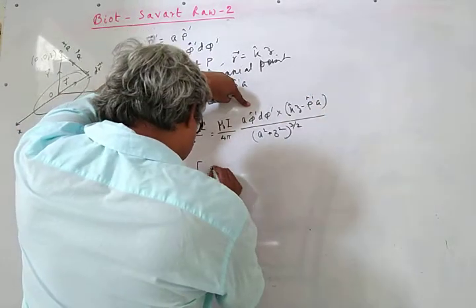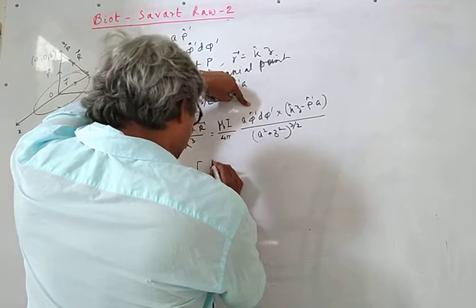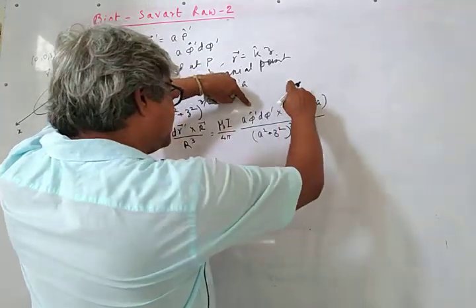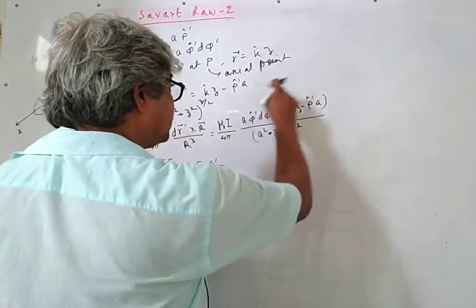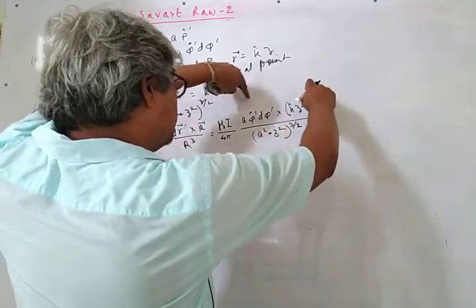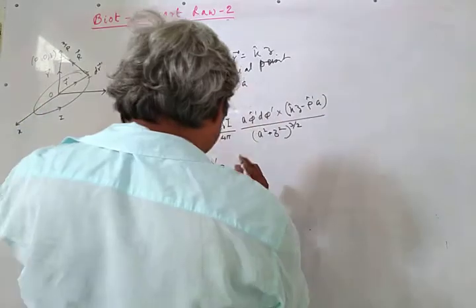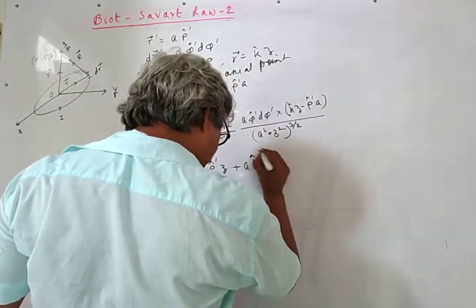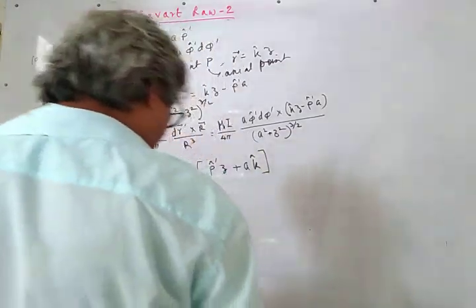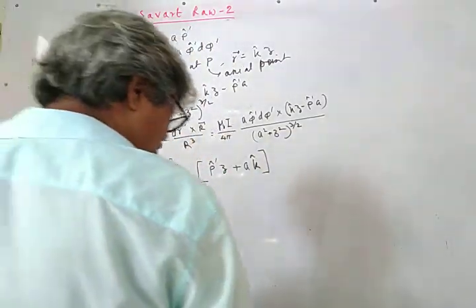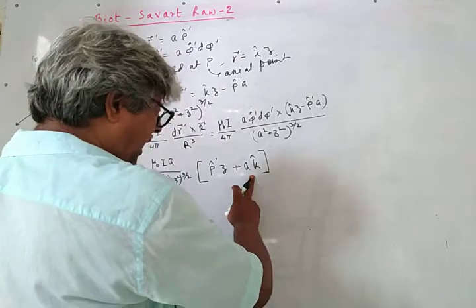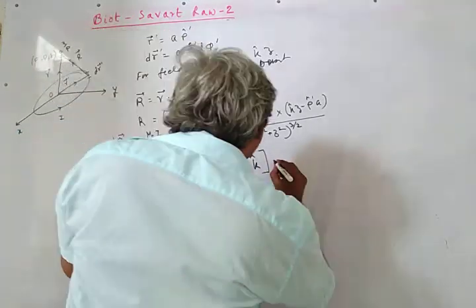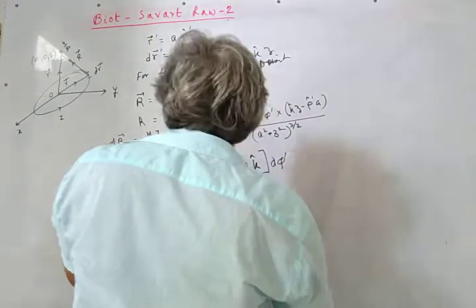This is rho prime cap times z. When this is crossed with this, and when this is crossed with this, it is minus k, and this minus sign makes it plus. Since in the cylindrical coordinate system k prime is a fixed direction, one need not put k prime. Now overall this is phi prime.